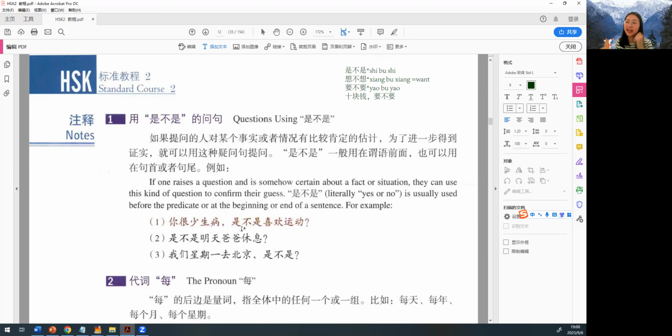Do you like sport or not? So the question is either the positive answer 是的，我喜欢运动 or 不是，我不喜欢运动. For a very short answer you can say 是的 or 不是. So here let me write down the answer.